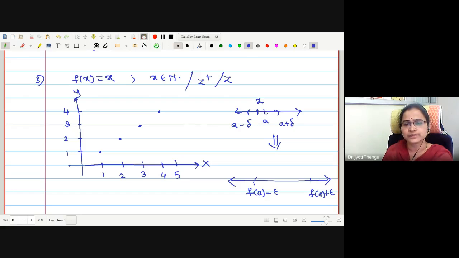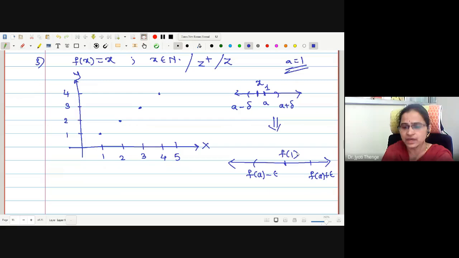Let us check. If I consider 1 as this point, then 1 is the only point which falls under the delta neighborhood, taking delta very small. Then this point must lie, what is the f image of the corresponding point? f of 1. a equal to 1 is the point we are considering.